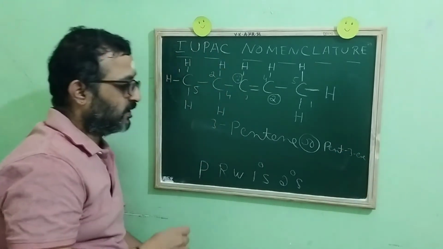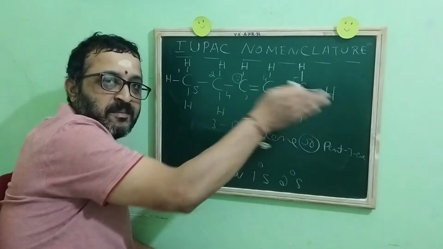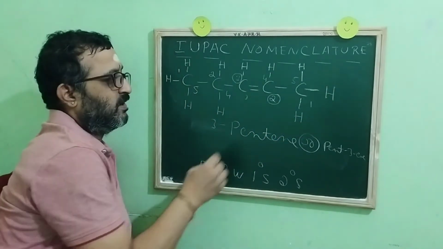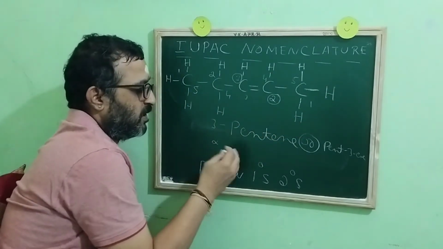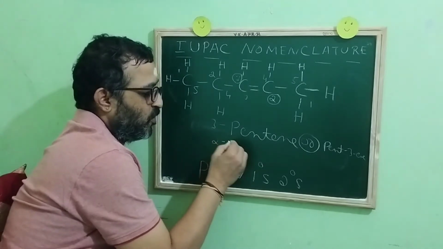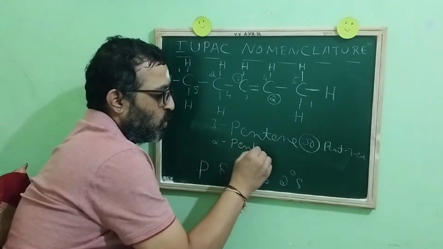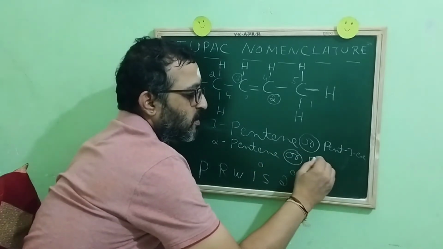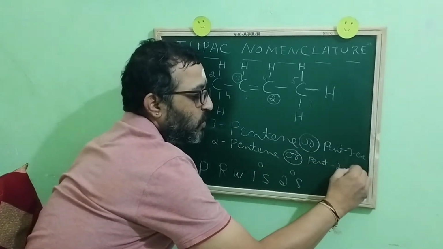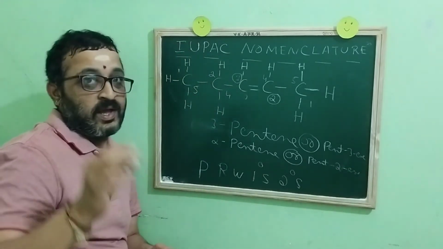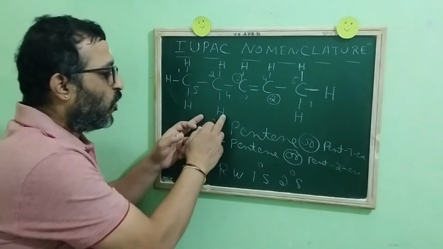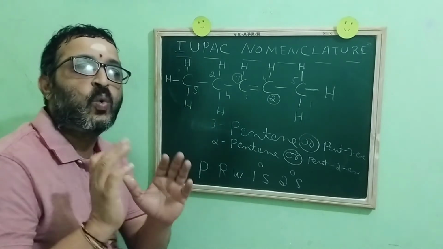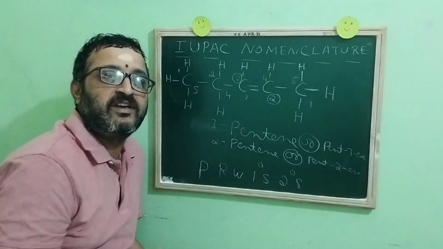Pent-3-ene. Right? Now, based on the numbering from right to left, the name of the compound is 2-pentene or pent-2-ene. Now the question arises, out of these two names, which is right and which is wrong?